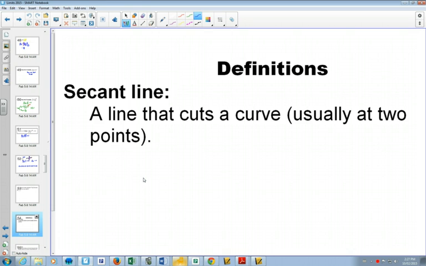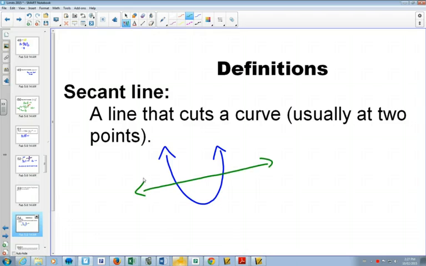A secant is a line that cuts through a curve, usually at 2 points. So if you had a parabola, a secant line would cut through it like that. But you could have a secant to a circle, which cuts through the circle at 2 points.